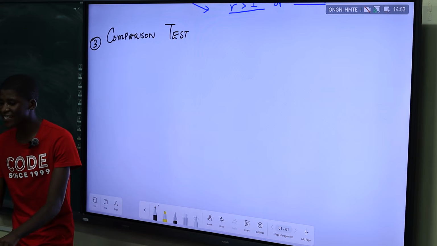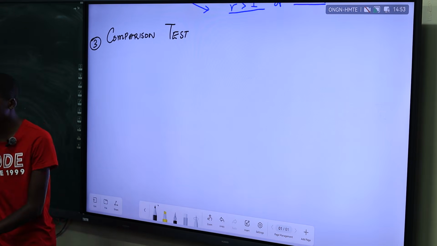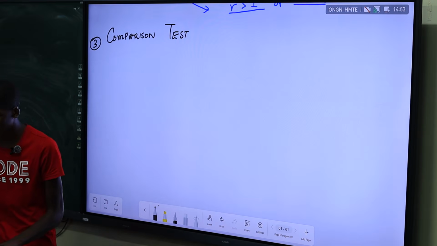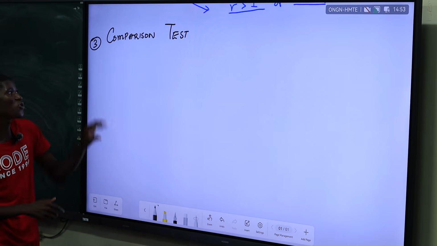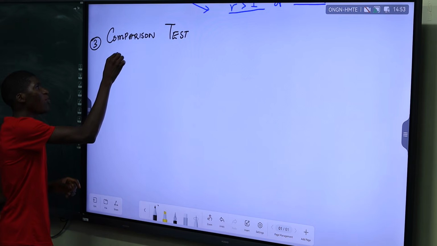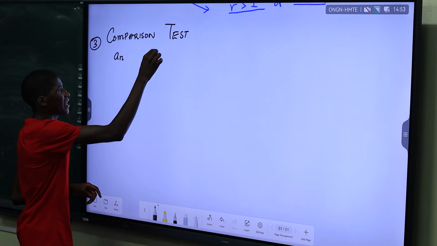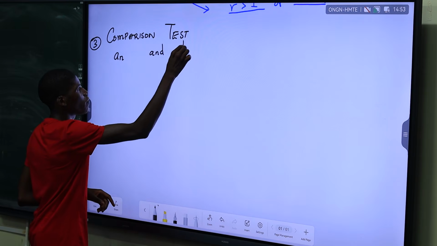And you want to try and see which one is divergent and which one is convergent. But how do you do that? We are going to have two sequences, one of them is a_n, and another sequence is b_n.